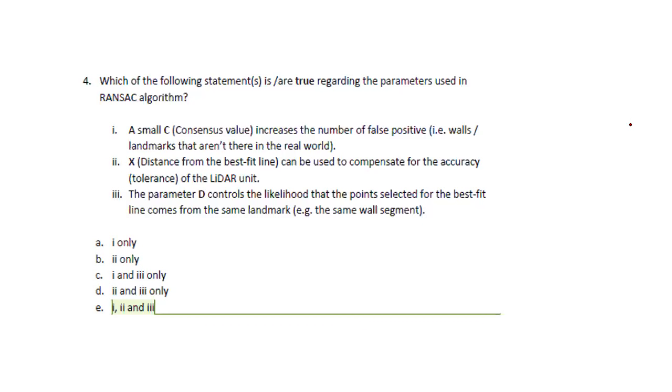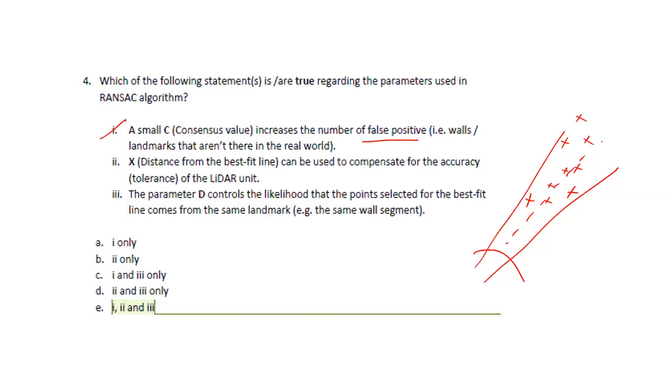Rightfully, I want more points that are closer to a particular scan for me to say that yes, there is a proper landmark here, a proper wall here. If I decrease that consensus value and say that just a few points is enough for me to confirm a wall or a landmark, then there's a high chance that this could be false positives. So definitely this is true.